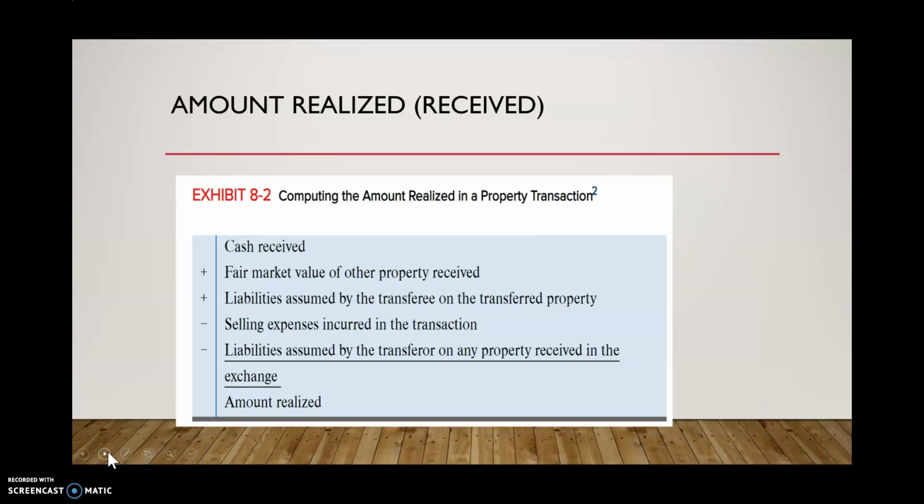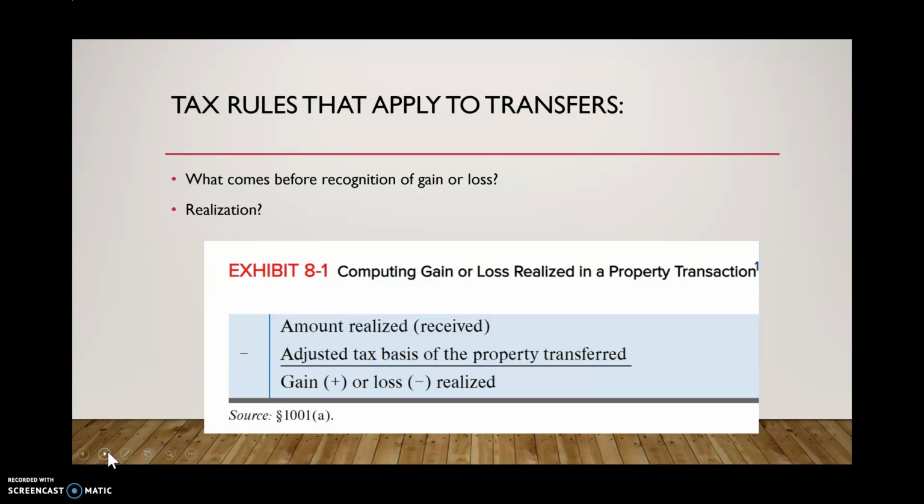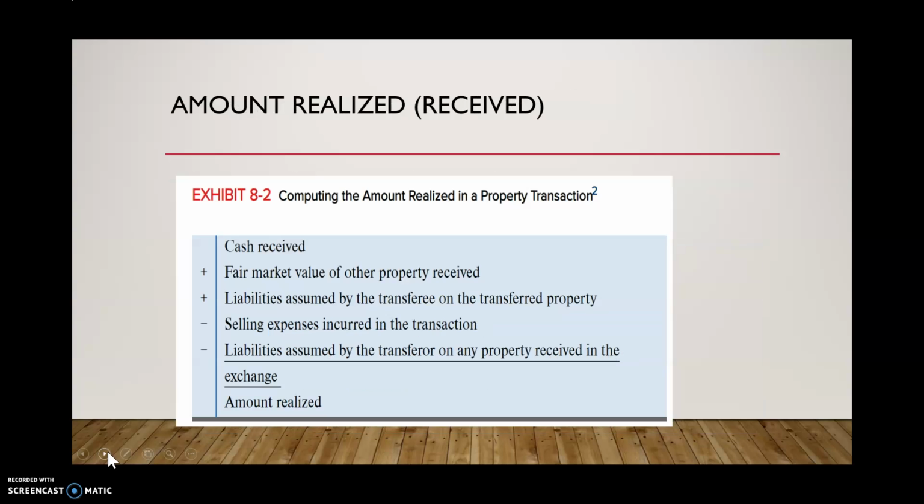Now here is the formula for amount realized. It gives you different components that will allow you to then plug that back into our formula here that subtracts the adjusted tax basis from it.